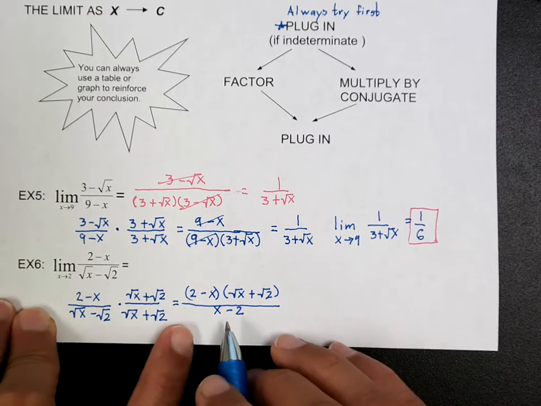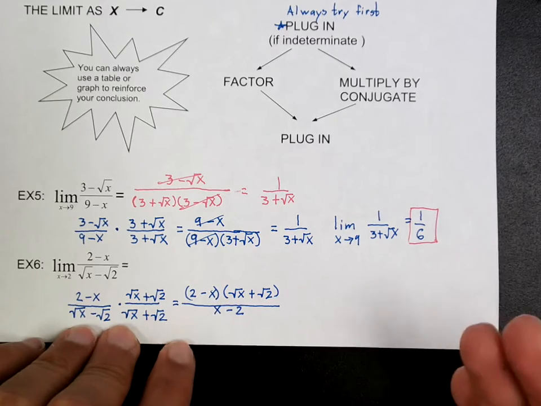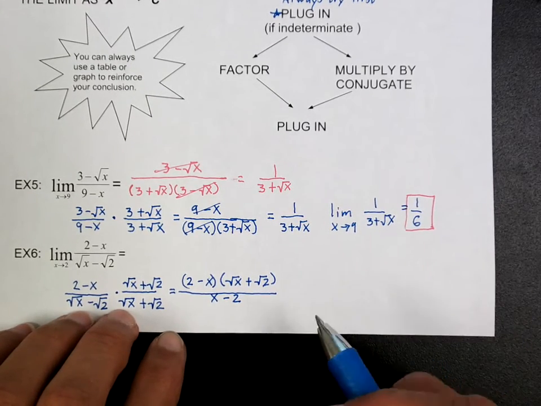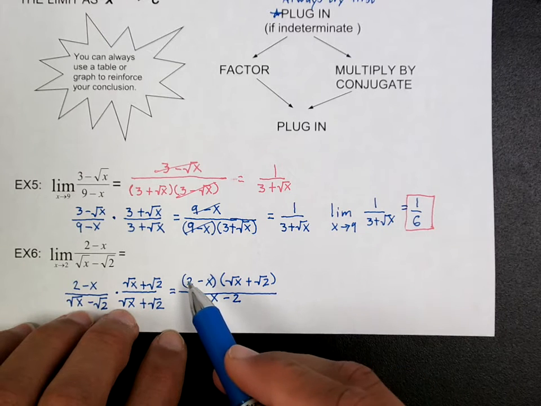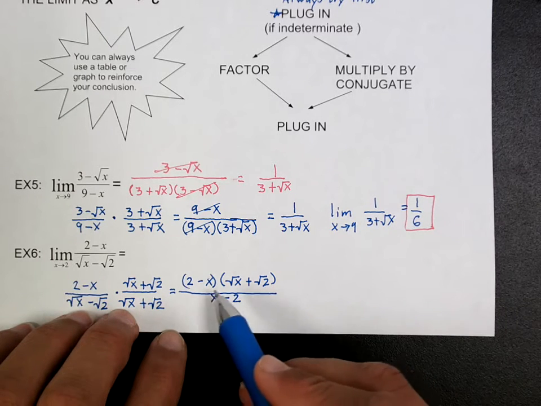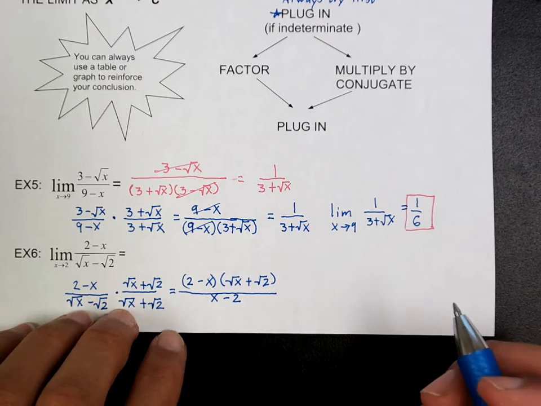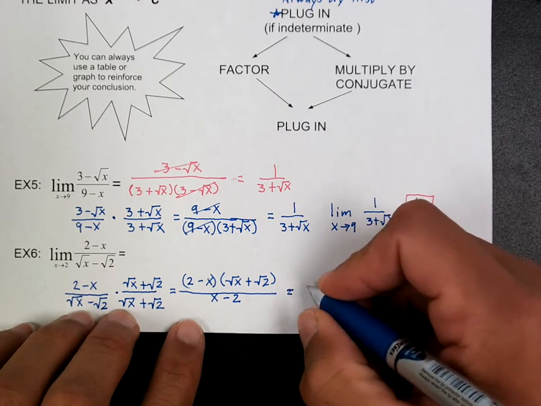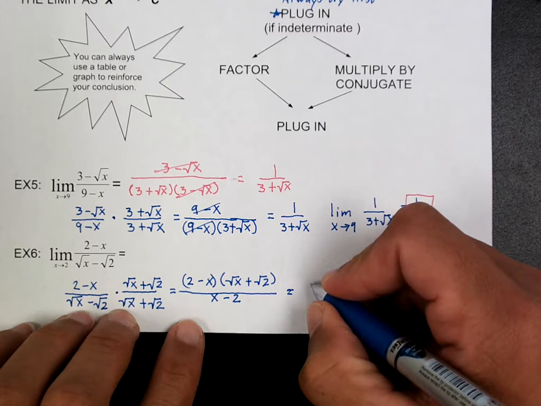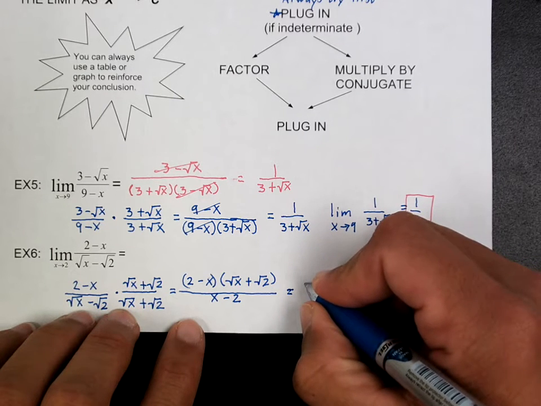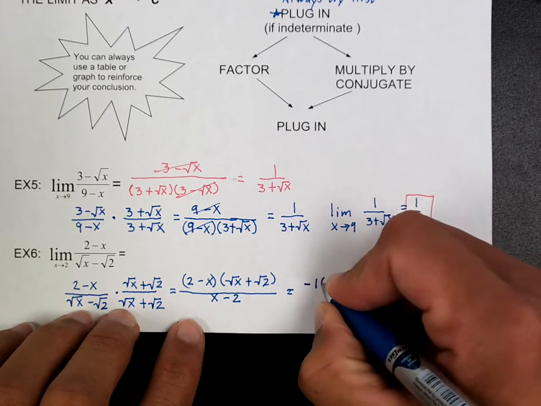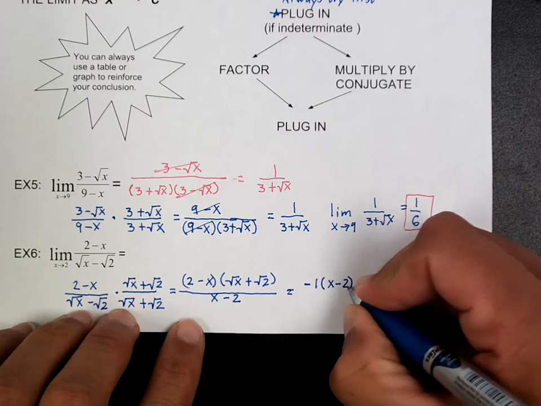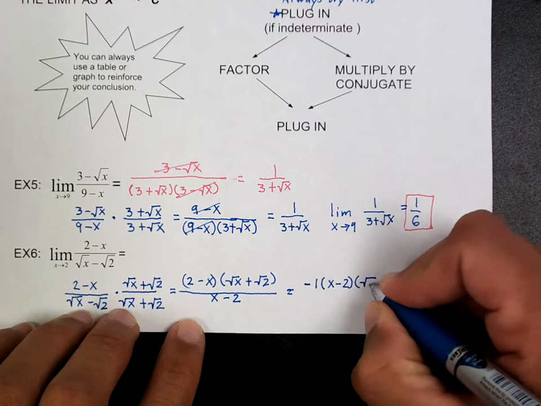Now here's the problem. X minus 2 and 2 minus x are actually different, alright? So I cannot just cancel them because they're not alike, but what I can do is I can factor a negative out of this or a negative out of that, and that would actually make them the same. Alright, so that's what I'm going to do at this point. I'm going to factor out a negative out of the top here, and I would have x minus 2. This is going to stay the same.